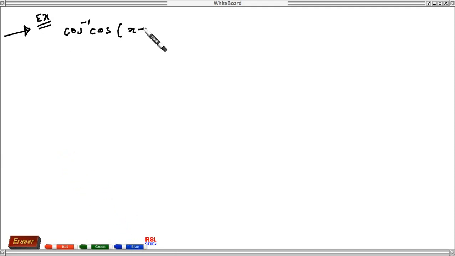Example, cos inverse cos of x plus pi by 4. Differentiate it. How will you differentiate it? Firstly we will apply the trigonometric inverse formula, which I have told you in the previous chapter.